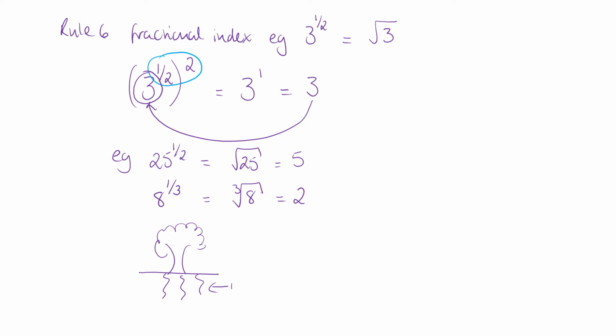They are underneath. So whenever you have a fraction, the number underneath means it is that root. So if we have generally a to the 1 over m, that is going to be the same as the m root of a.